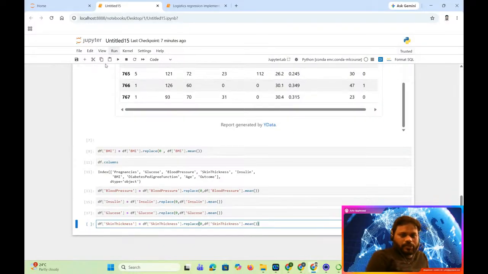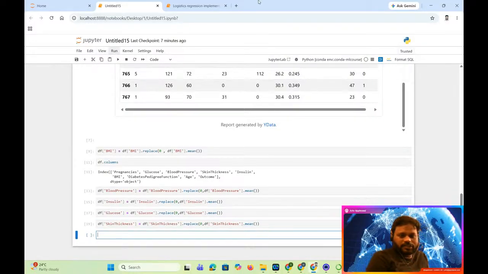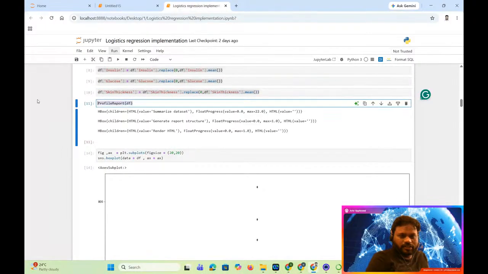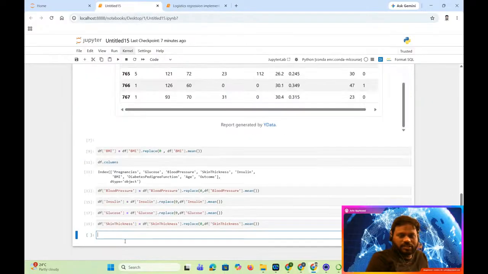Okay, I'm correlating the different things: skin thickness, insulin, and now do these things, and what will happen?